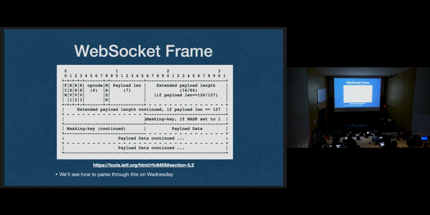And then finally, a masking key, which is 4 bytes of random data. That's very important, but it's 4 bytes of random data. And then your payload, which will be masked using this masking key. So every 4 bytes of the payload data has been XORed by the masking key. Again, more details on Wednesday, but that's a very brief overview of WebSocket frames.